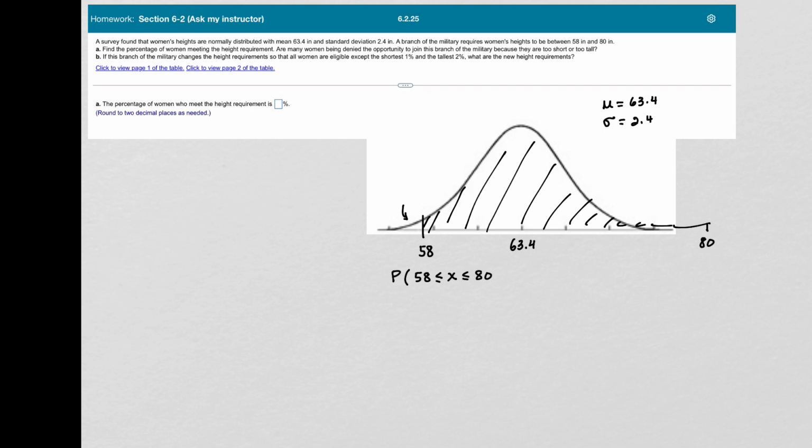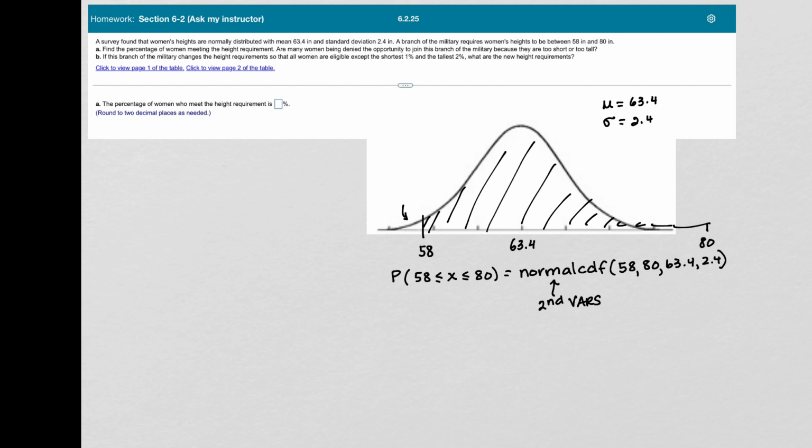58 and 80. I'm going to use the normal CDF function. My lower limit is 58 and my upper limit is 80. The mean is 63.4 and the standard deviation is 2.4. So I get to this normal CDF by pressing second and variables.